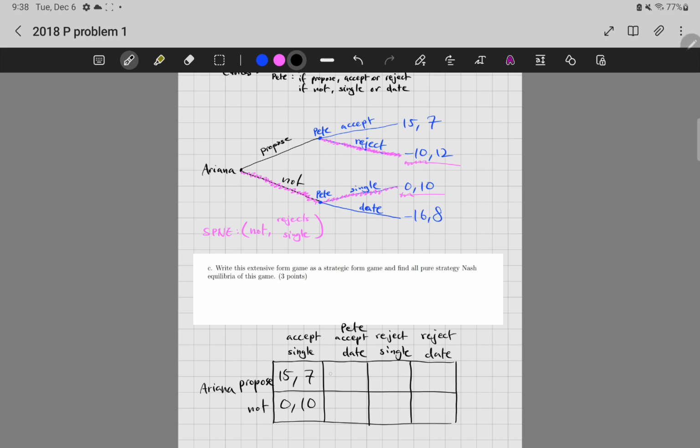If Ariana does not propose and Pete starts dating, he gets a payoff of -16, 8. If Ariana proposes and Pete rejects, they get a payoff of -10, 12. And if Ariana does not propose and Pete stays single, they will get a payoff of 0, 10. And if Pete starts dating when Ariana does not propose, they get a payoff of -16, 8.